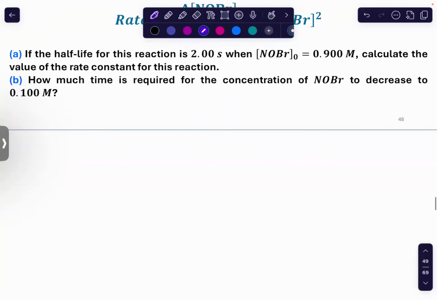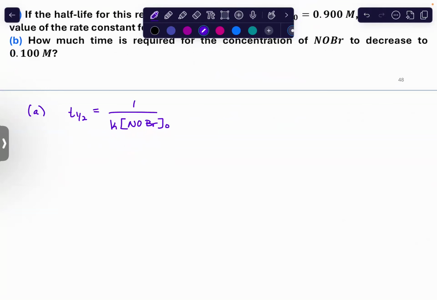So the half-life for this. So I can multiply through, and I'll get K times the initial concentration times the half-life equals 1.